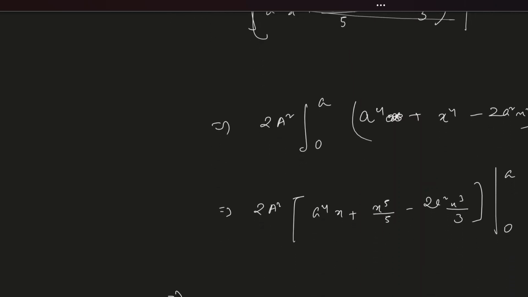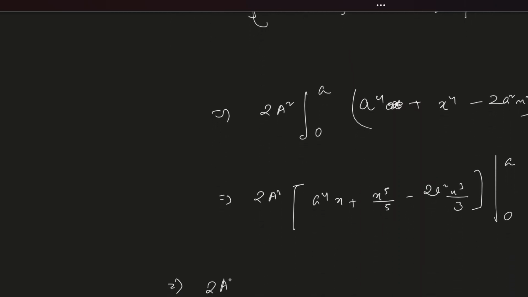Now because 0 will give all 0 terms, you just get the value of the upper limit: a to the power 5 plus a to the power 5 by 5 minus 2a to the power 5 by 3 equal to 1. This is 2a squared into a to the power 5 taken as common.